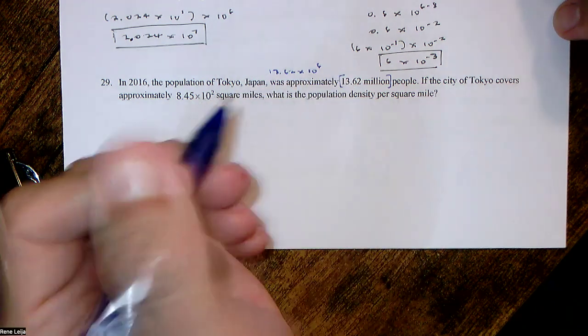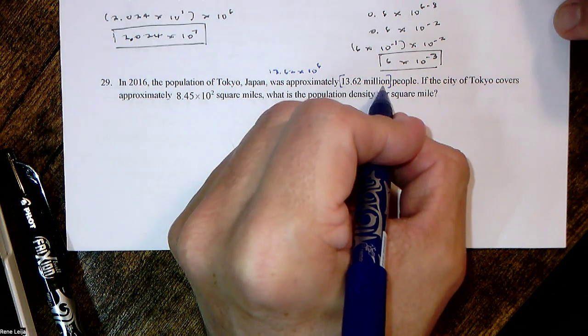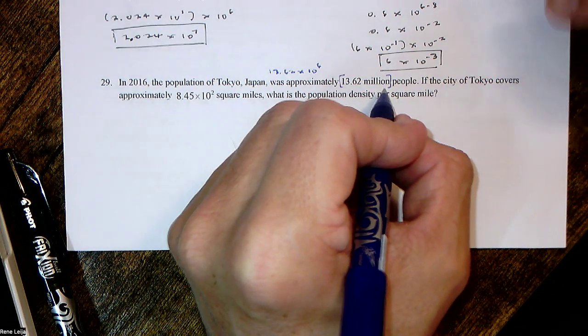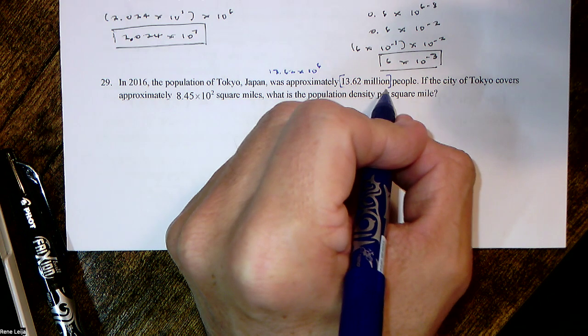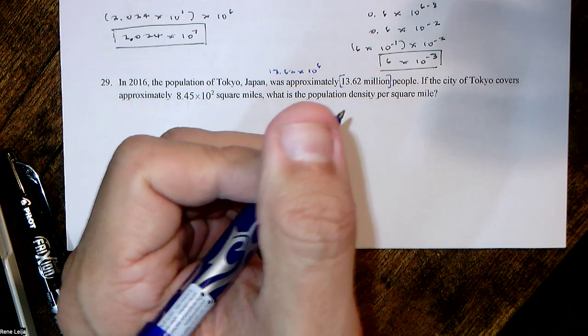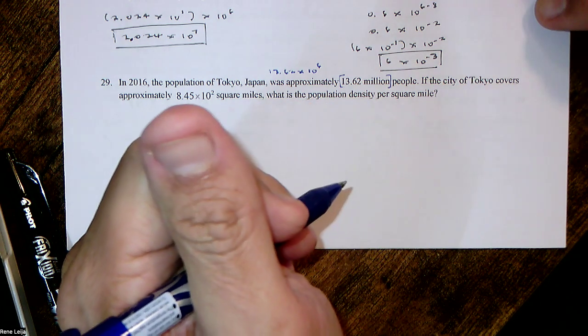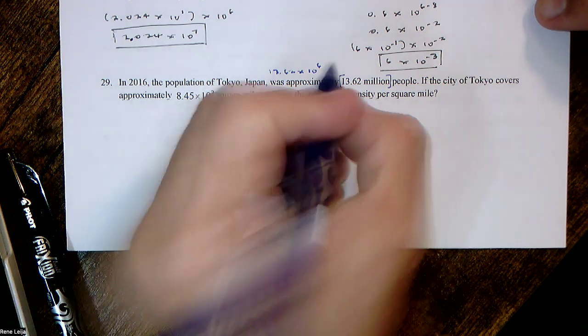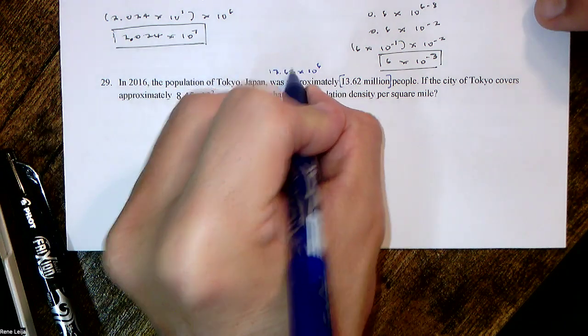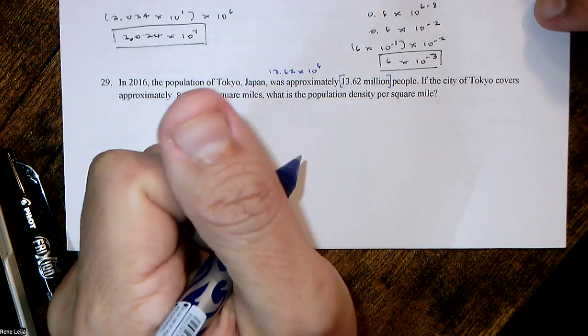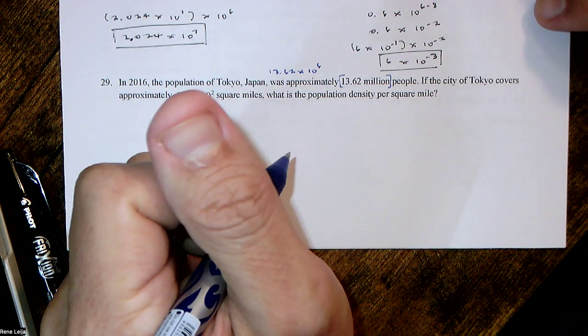Now, how do I know to the 6? Well, million. So 1, 2, 3, comma, that's 1,000. And then another 1, 2, 3, comma, that's million. Okay, so 6 zeros. So that's why we have this 13.62 times 10 to the 6.